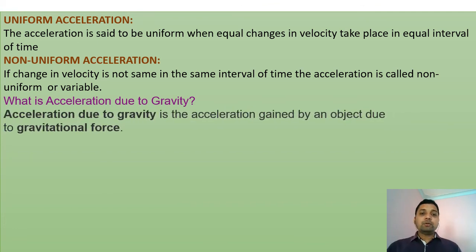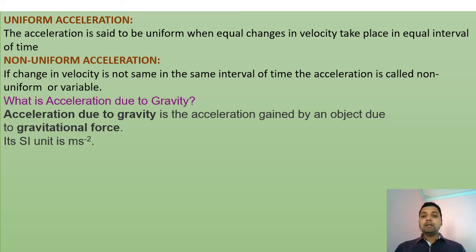It is the acceleration gained by any object by the gravitational force of attraction. Gravitational force is a non-contact force which is always attractive in nature, always attracting any object. So acceleration due to gravity is the acceleration produced by the force of gravity.